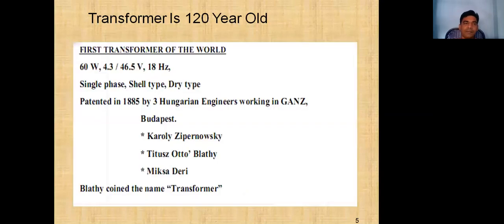The transformer is 120 years old. The first transformer of the world, 60 watts, 4.3 to 46.5 volts, 18 Hz, single phase shell type, dry type transformer, was patented in 1885 by three engineers.